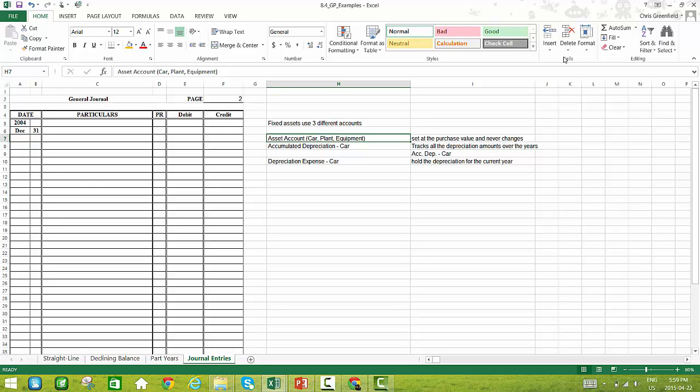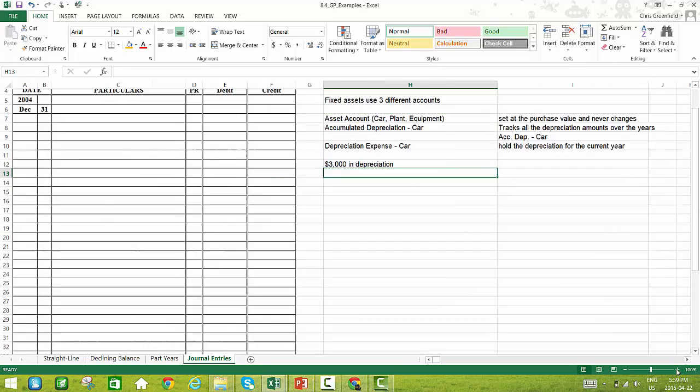So going back to our straight line method, in the first year in the simple example we did, we had $3,000 in depreciation to keep track or to expense. So this is how the journal entries are going to look.